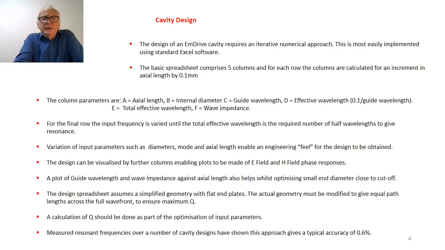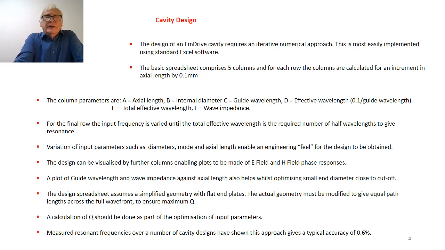And essentially, you run the spreadsheet down to the final row, which is where the axial length reaches the length of your cavity design. And at this point, you then vary your initial input frequency, usually not by very much at all, but you vary it until you get an exact total effective wavelength of the required number of half wavelengths to give resonance.